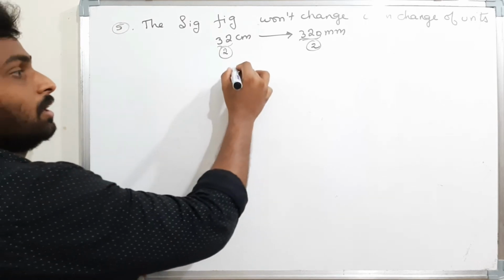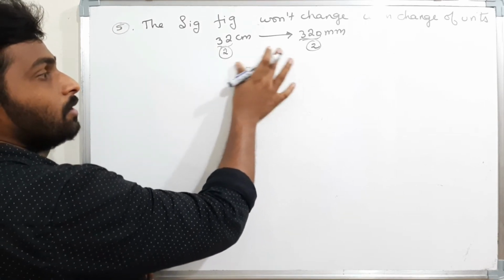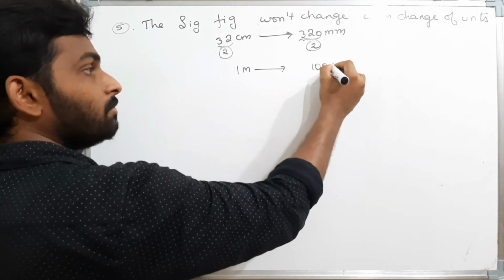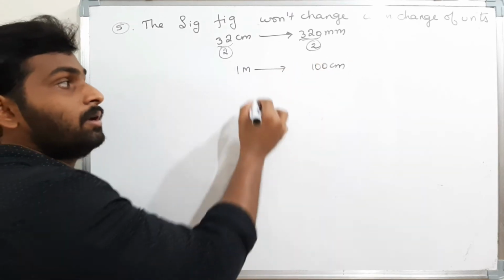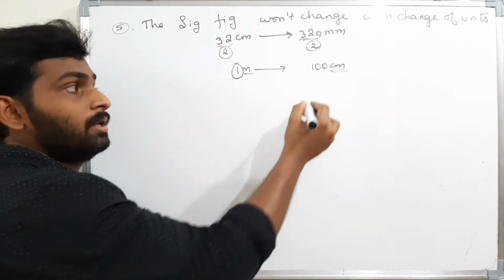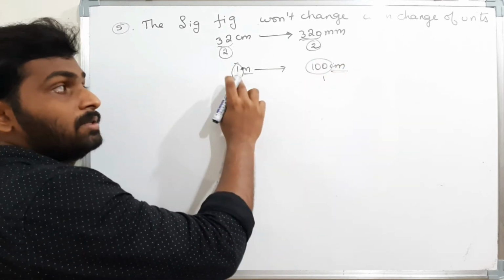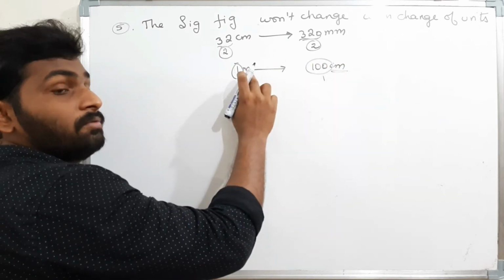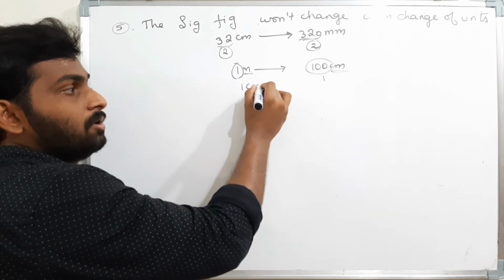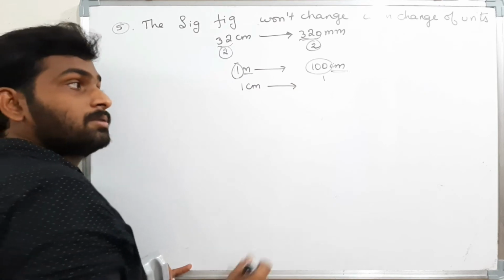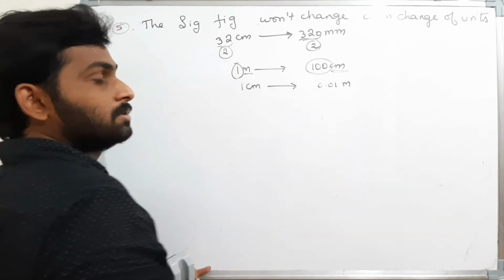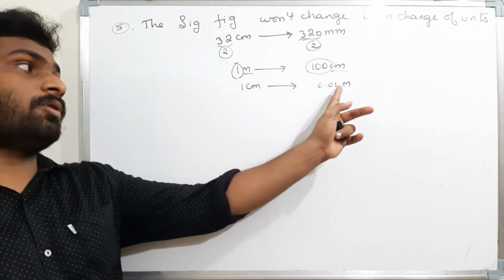Now observe carefully. 1 meter is equal to how many centimeters? 100 centimeters. I am converting from meter to centimeter. But here how many significant figures? 1. Here how many? 1. The significant figures are not changing, even though I am changing from one unit to another. Now observe: 1 centimeter is equal to how many meters? 0.01 meters.